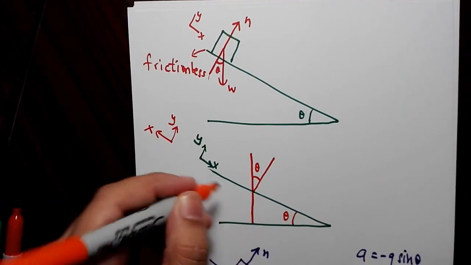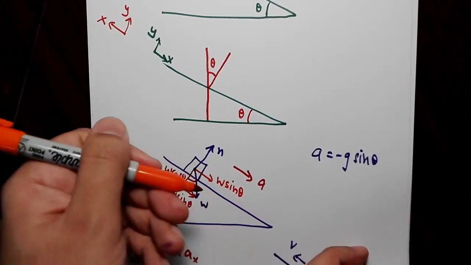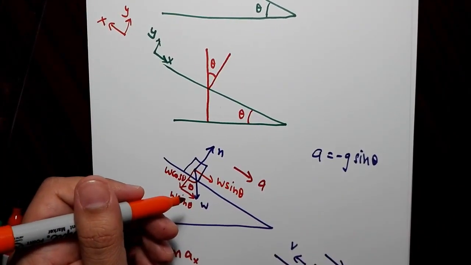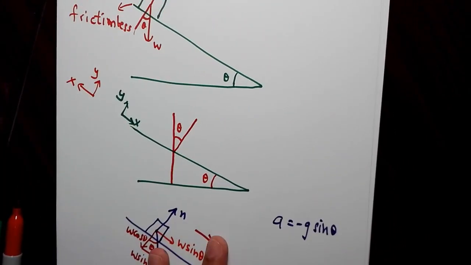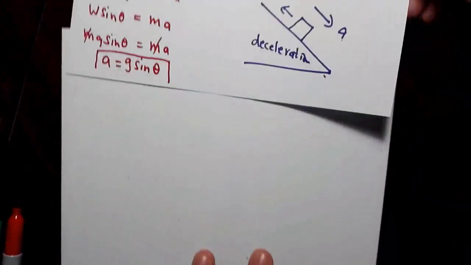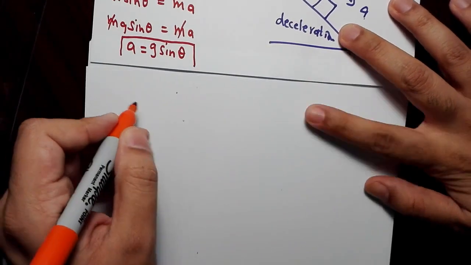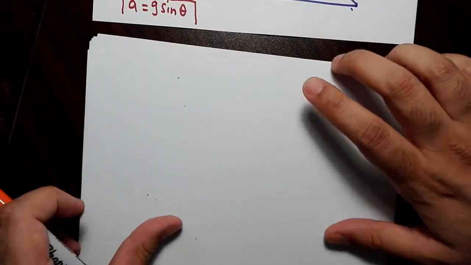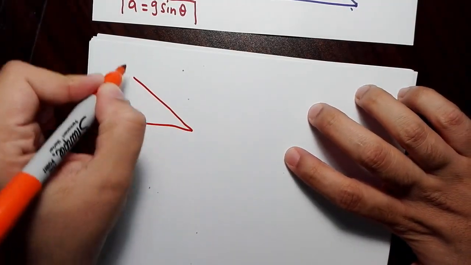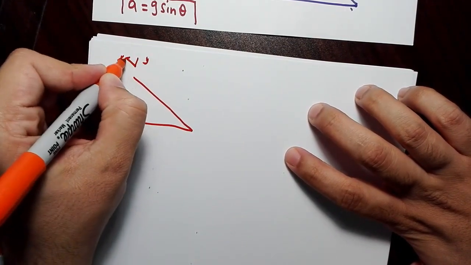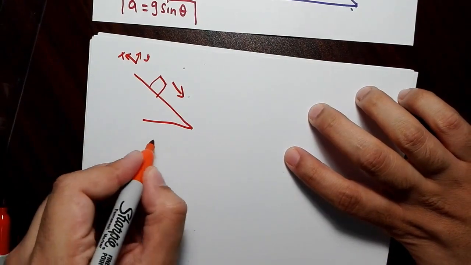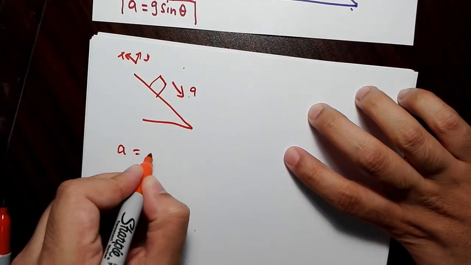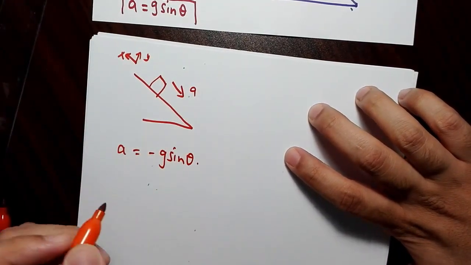Then your object is moving towards the negative x-axis, so your acceleration points towards the negative, so a equals negative g sine theta.